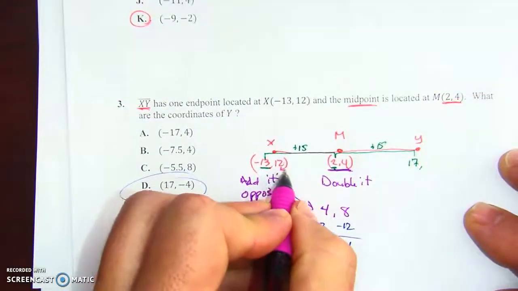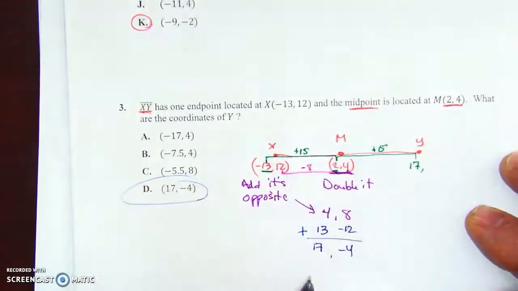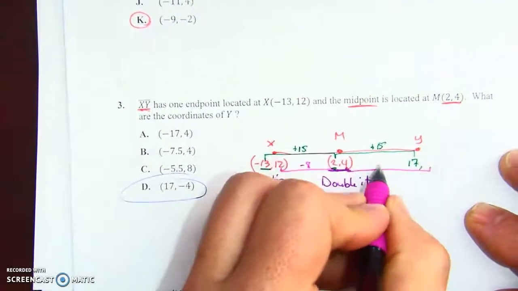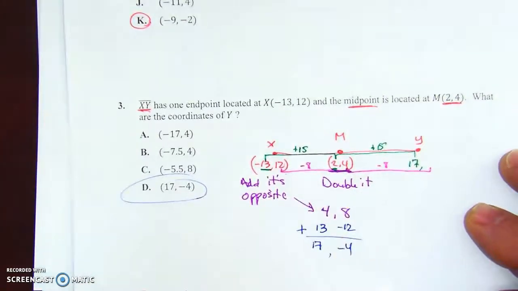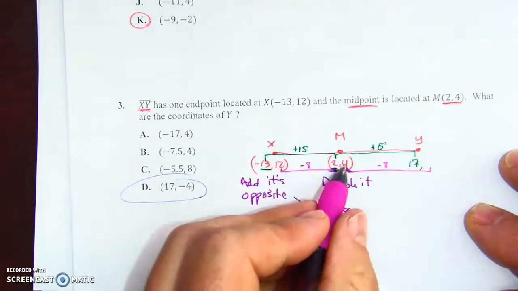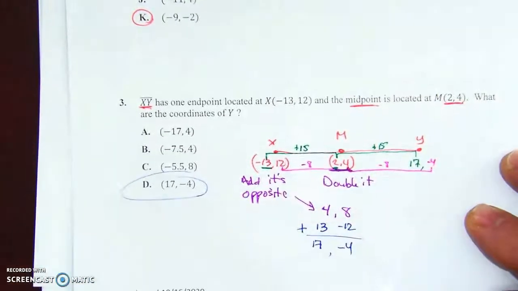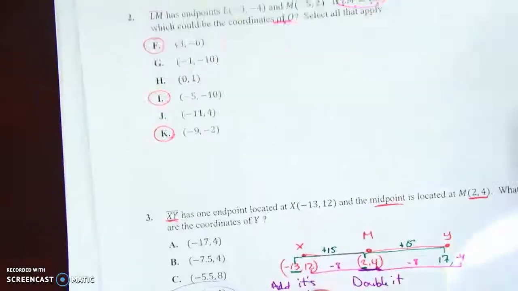Notice that we're going from 12 and we're going down to 4, so we're going to minus 8. That means we need to go another minus 8 to go here, so I put a minus 8. So 4 minus 8 gives us a negative 4 here, and that comes up with the same answer there too. Okay, questions on that one?